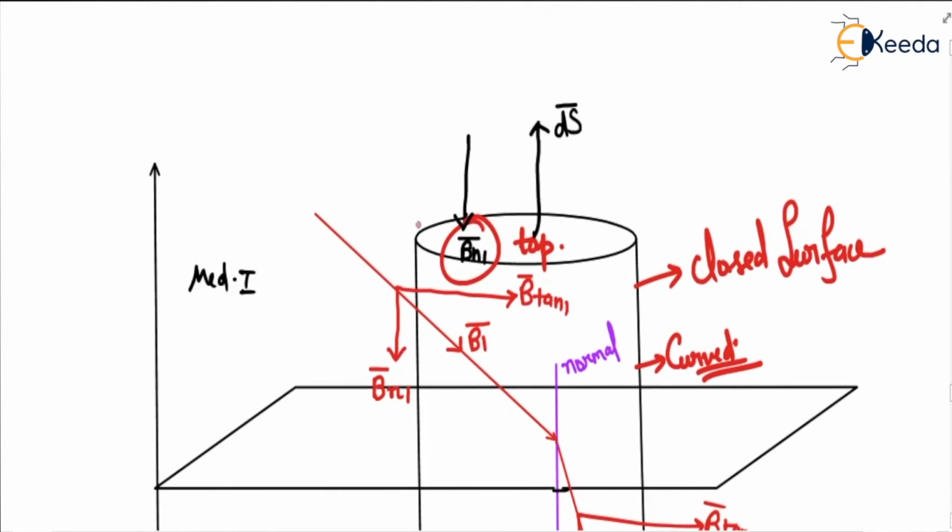For the top surface, the direction of Bn1 is downward, but the ds vector is upward. So Bn1 and the ds vector make theta equal to 180 degrees.